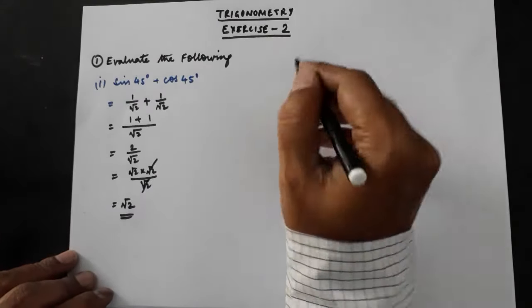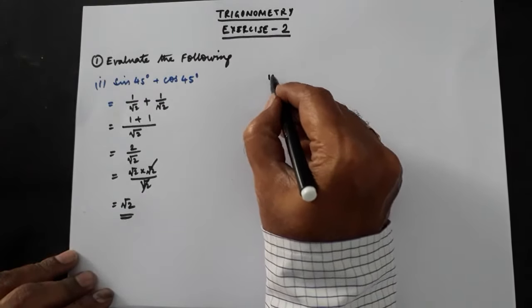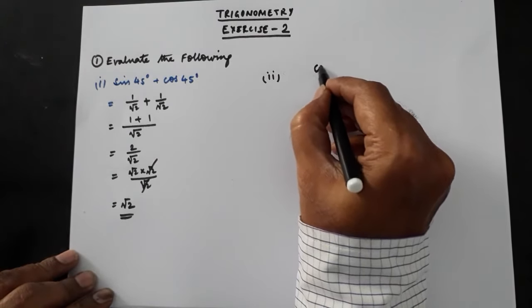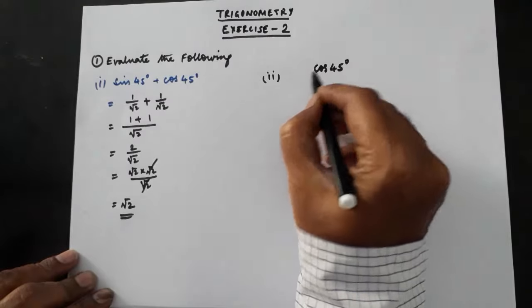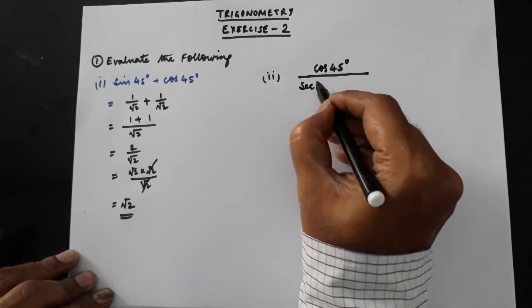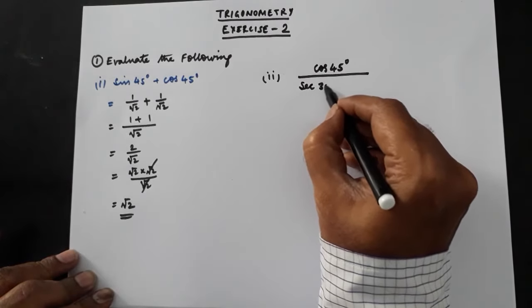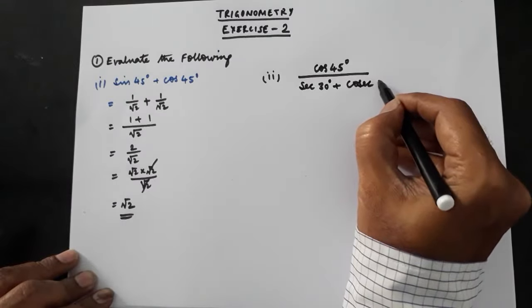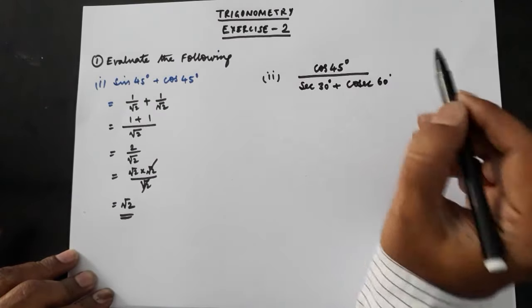We'll do the second problem. Cos 45 degrees divided by secant 30 degrees plus cosecant 60 degrees.